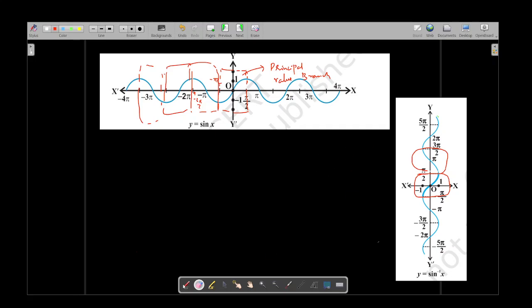For the sine function to be invertible, what is the domain and range?